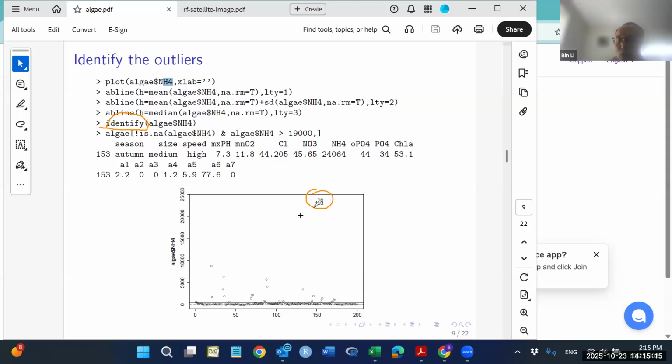So this means the 153rd observation has a very, very large NH4 reading, over 24,000, and compared to the others, it's much, much bigger. You can also see what it looks like. This is the data, the sample that has extremely large NH4 readings.